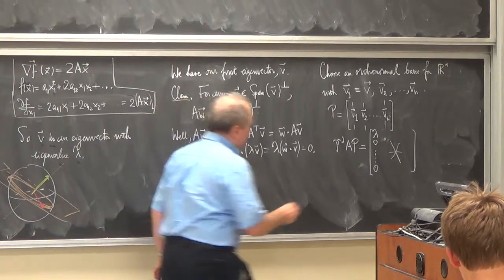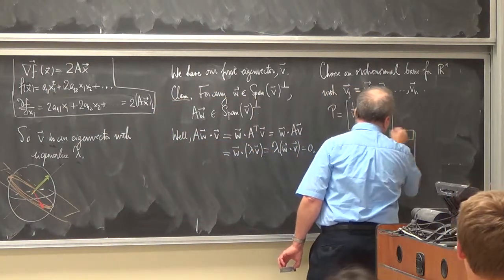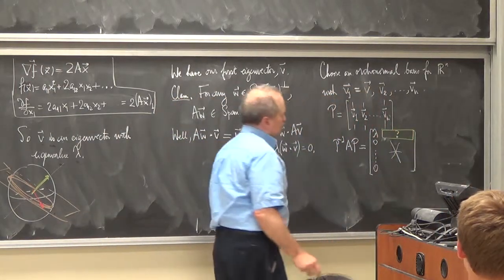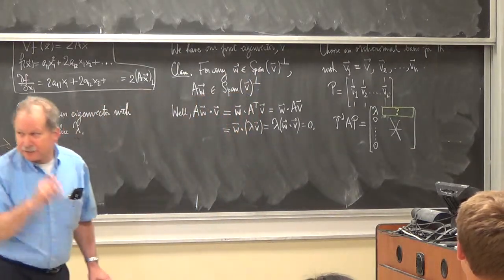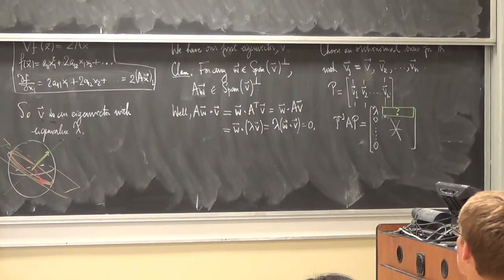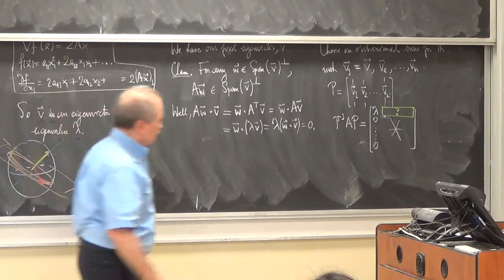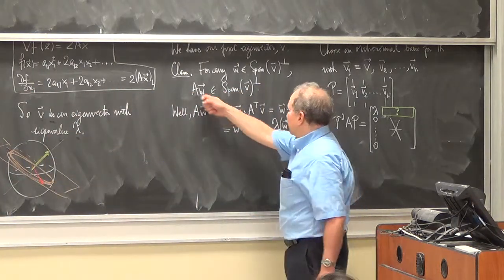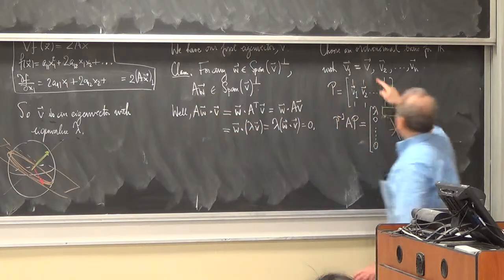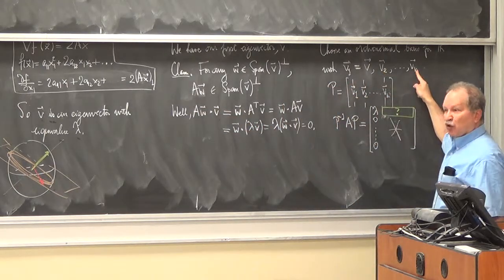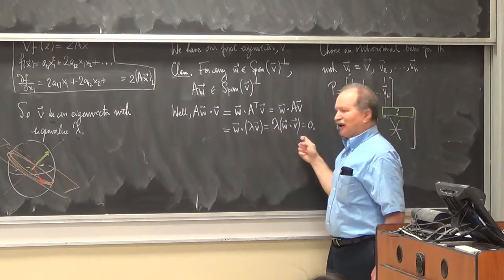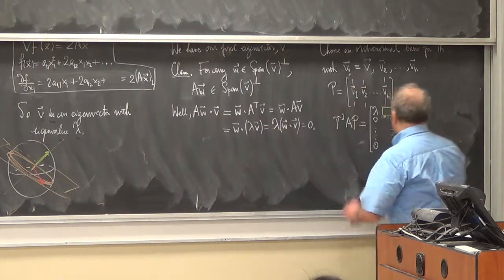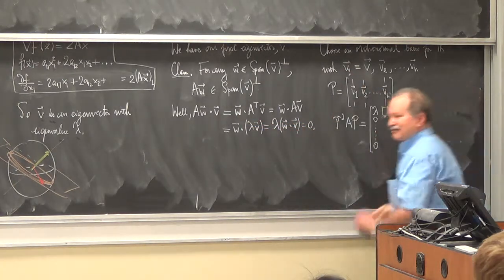What do you think is happening up here? 0. Why? Because everything else is in the orthogonal complement of V1. So from what we proved here, if you apply A to any of these vectors that were orthogonal to V1, the answer is orthogonal to V1. So that says these are all zeros.